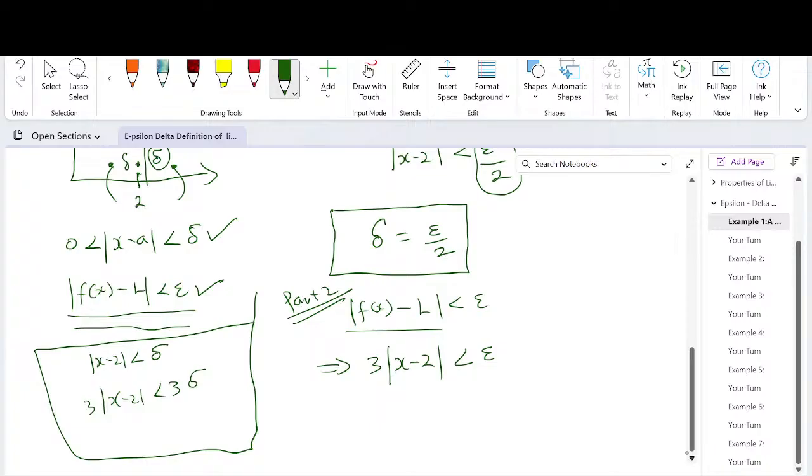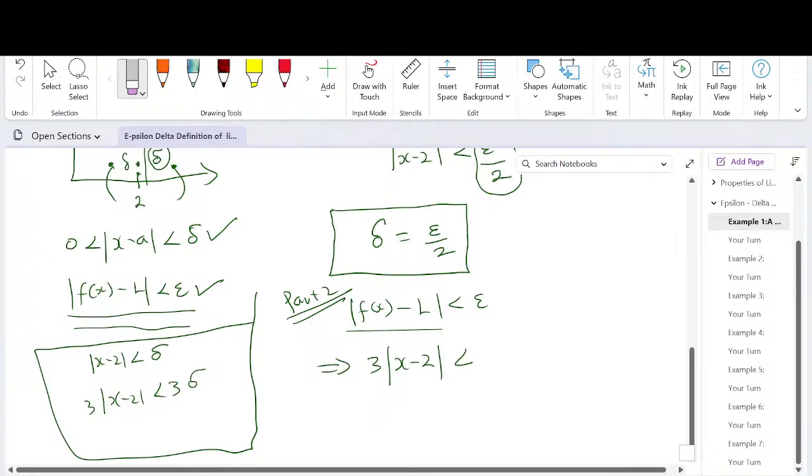That is the meaning. So instead of writing epsilon, I can just say that this is less than 3 delta.